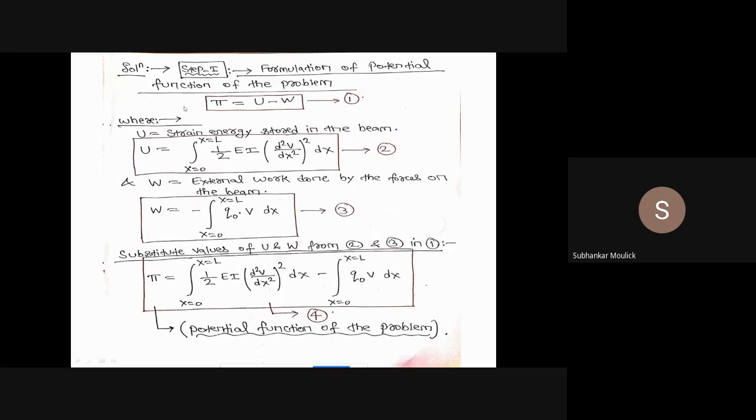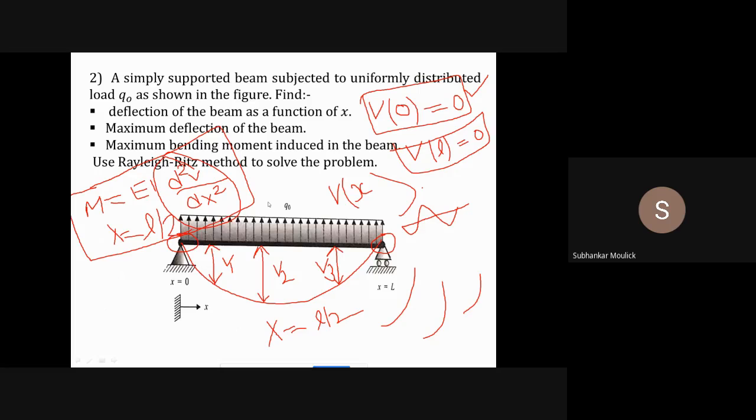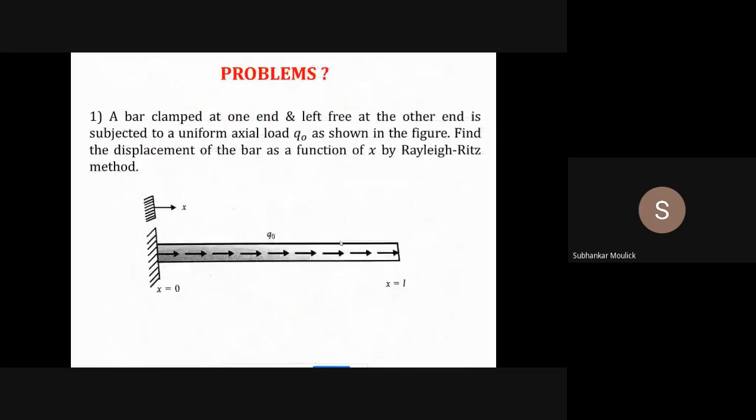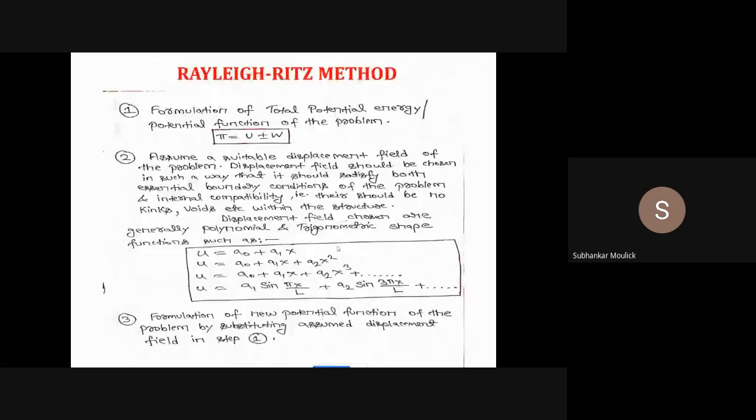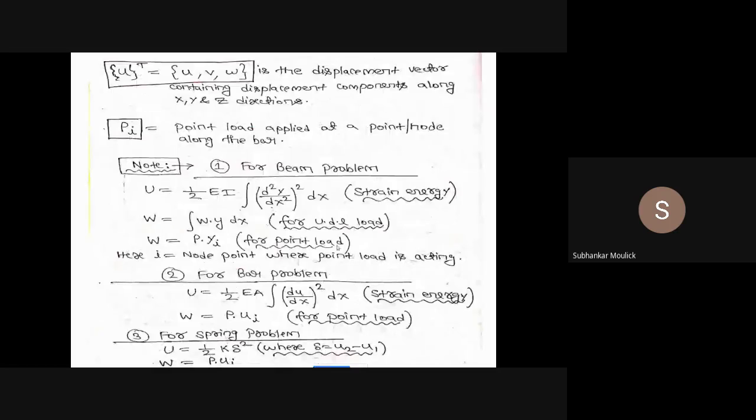The formula will change. In this problem, bending of the beam is happening. In the last problem, the bar was displacing along one direction. So when the bending is happening, the expression for strain energy becomes, for a beam problem, this is the equation of strain energy which I have to use.